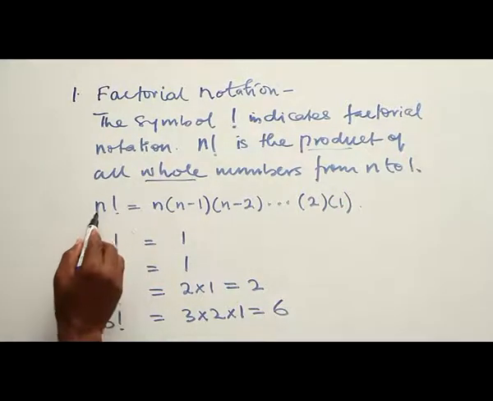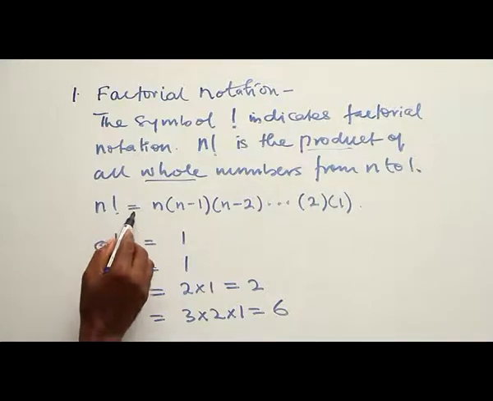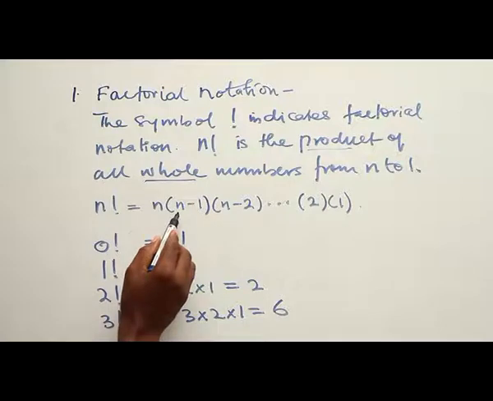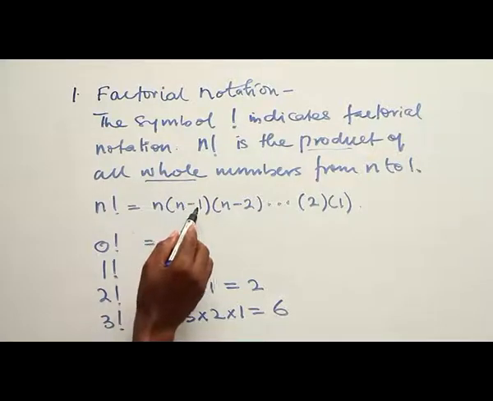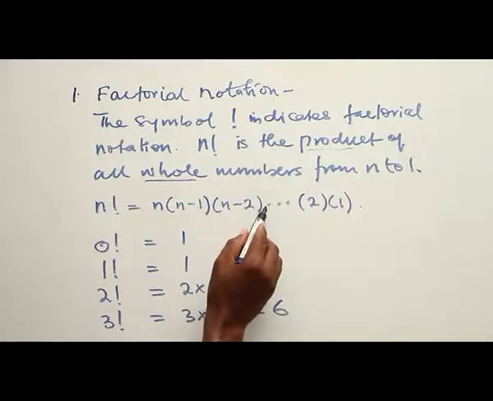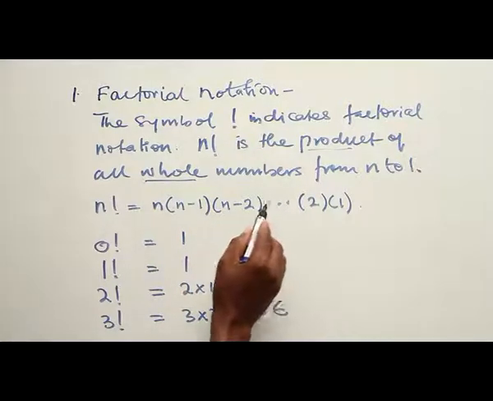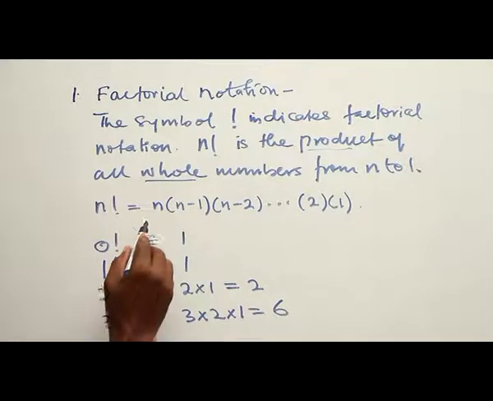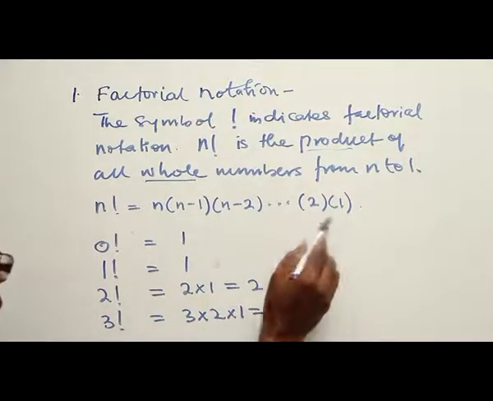Thus, n factorial is equal to the number n times n minus 1, times n minus 2, times n minus 3, and so on, down to 2 and finally to 1. This is in decreasing order.